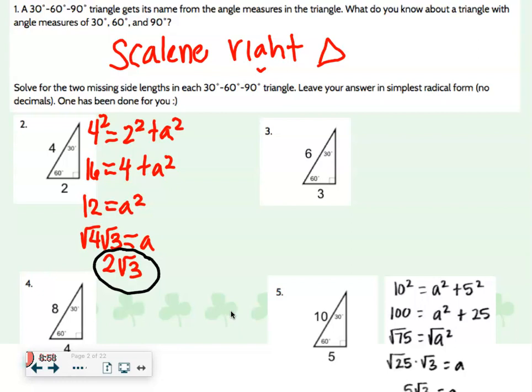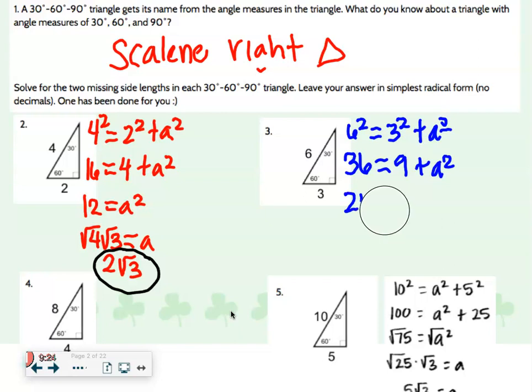This was the short side, with the middle. Does it double the length of the bottom every time? Yep. Yeah, got it right.